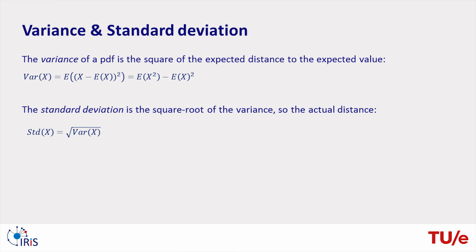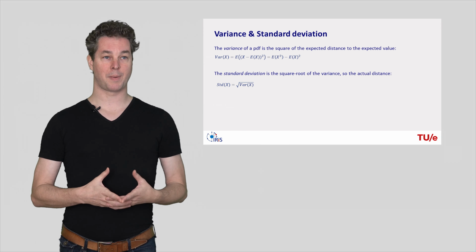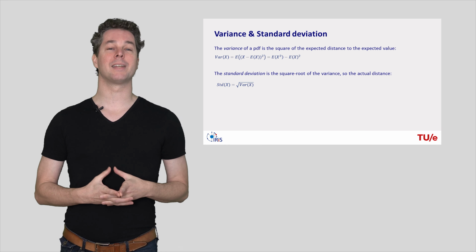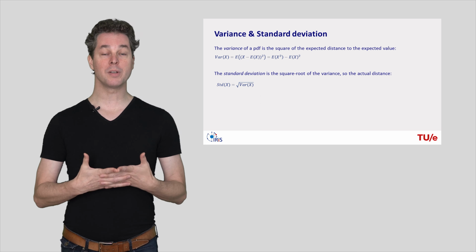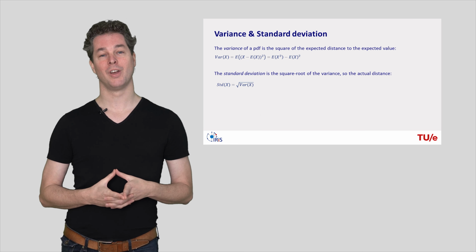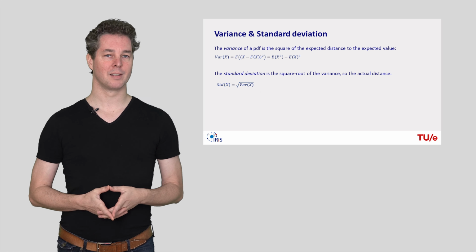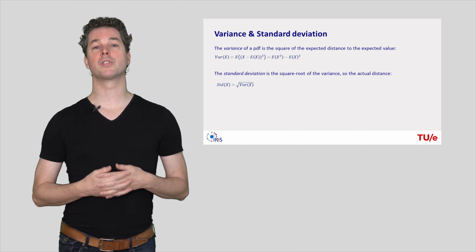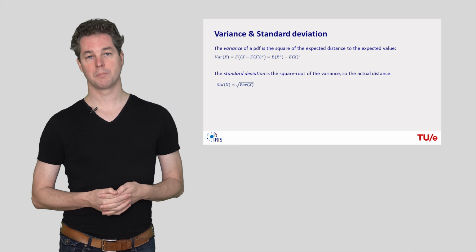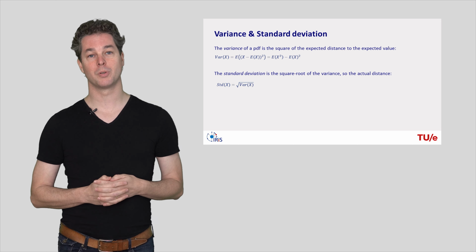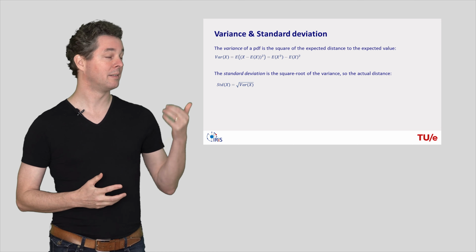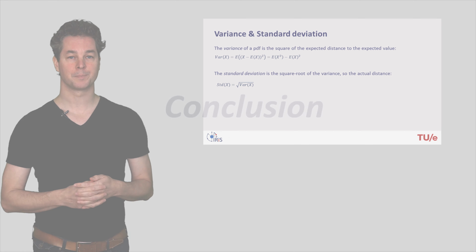So if you want to get back to the original physical unit, you take the square root of the variance, and that's usually called the standard deviation. Just like with the expected value, and even if the expected value exists, the variance of a stochastic distribution does not need to exist. Often we will assume upfront that it does, but there are distributions that defy defining something like this.